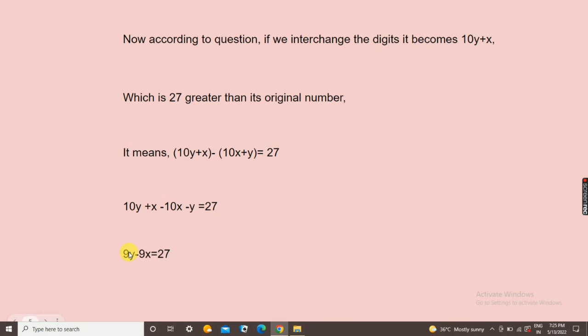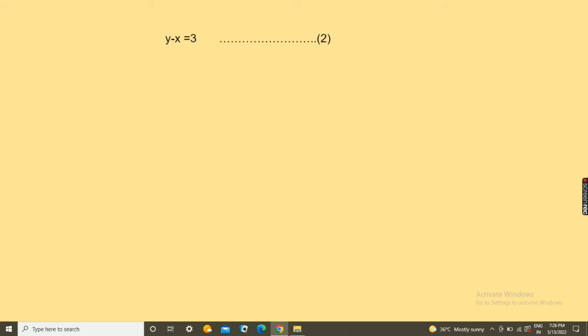Now 9y, x minus 10x is equal to minus 9x, since 10 minus 1 is 9, but the bigger number has the negative sign, so it comes out as minus 9x. Now dividing both sides by 9, we get y minus x is equal to 3. This is our equation number 2.